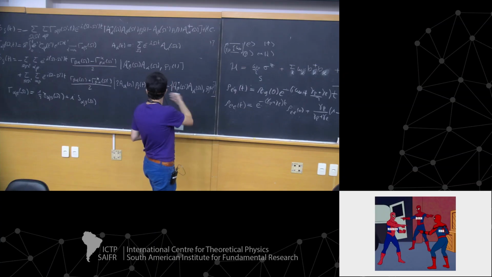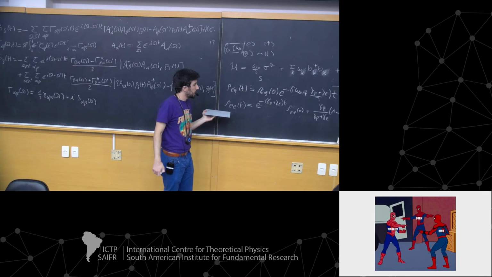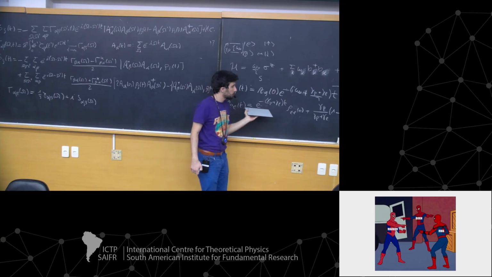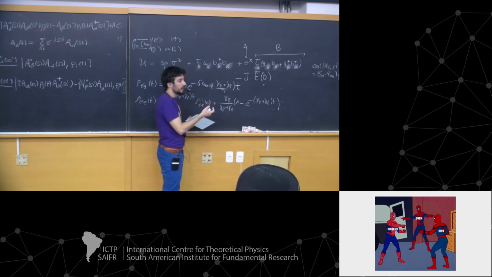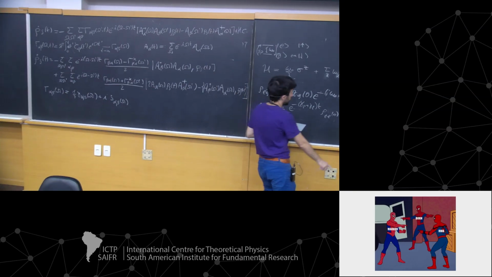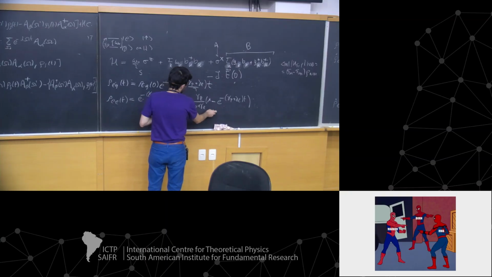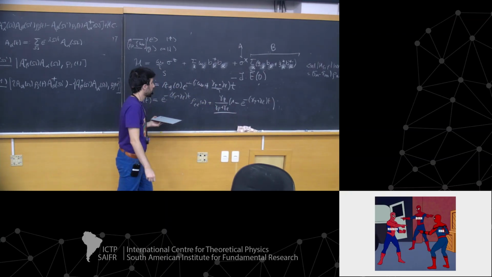So, as I promised you at the beginning, the dynamics we get is just a bunch of exponentials. These are purely decaying. Here you also have oscillations, but just exponentials. And here you can see the emergence of a stationary state, because this guy and this guy go to 0.